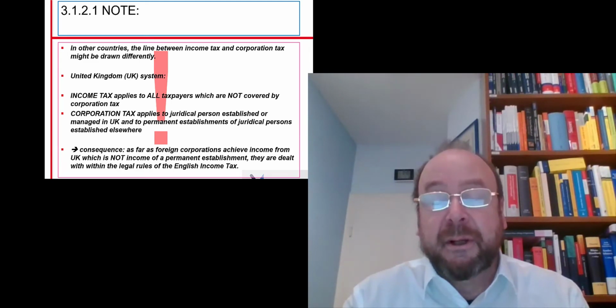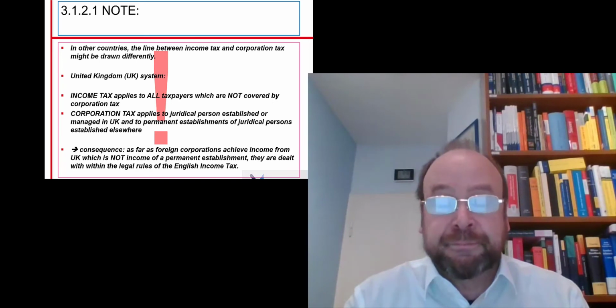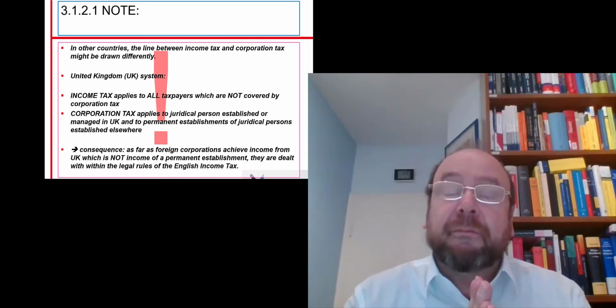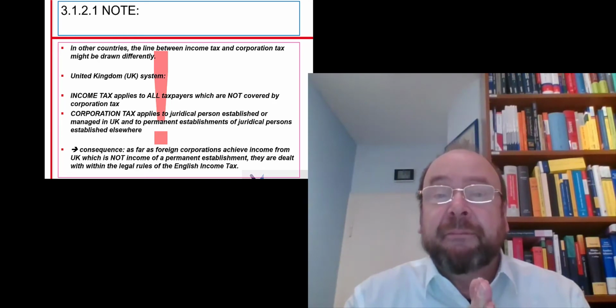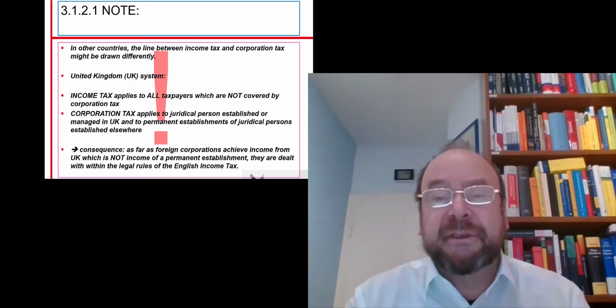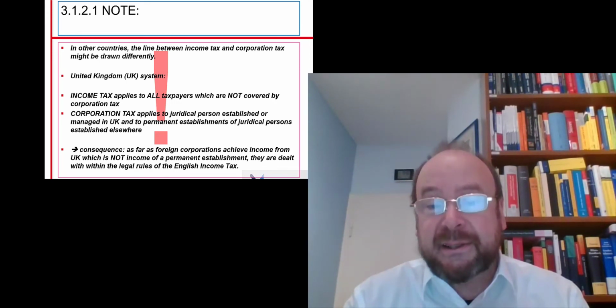For example, in the UK, corporation tax only applies to juridical persons which are situated in the UK, and to a so-called permanent establishment, so a shop, a bureau, an office of juridical persons which are established somewhere else.